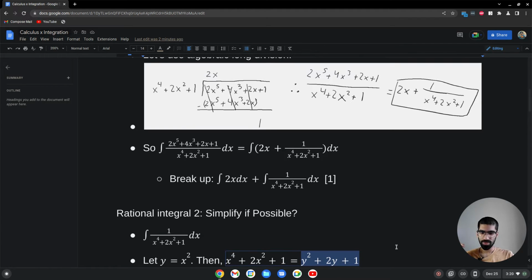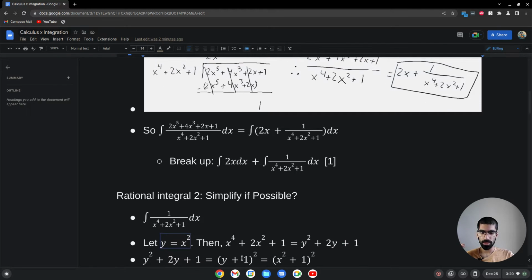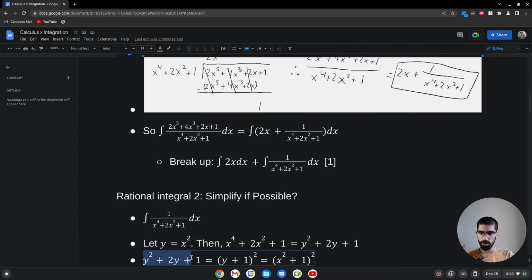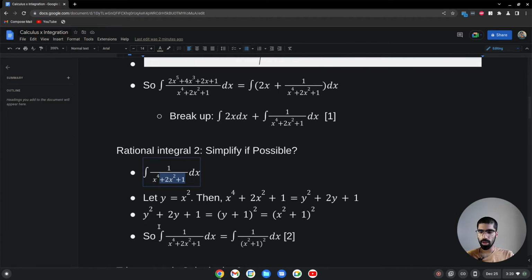So we let y equals x squared, and we factor our new expression as y plus 1 squared, and then we replace y with x squared again. Now recall that this part was on the bottom, so what we have is this ugly thing. We can factor it into a little bit less ugly thing.